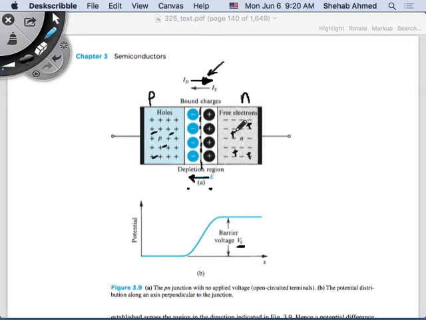When they are moving around because of the temperature, they see this electric field. We said that drift causes positive charges to move with the electric field. So it pushes these positive charges across the junction to the n side, and pushes the minority negative charges from the p side across the junction. Right? And this is causing drift current in the opposite direction.